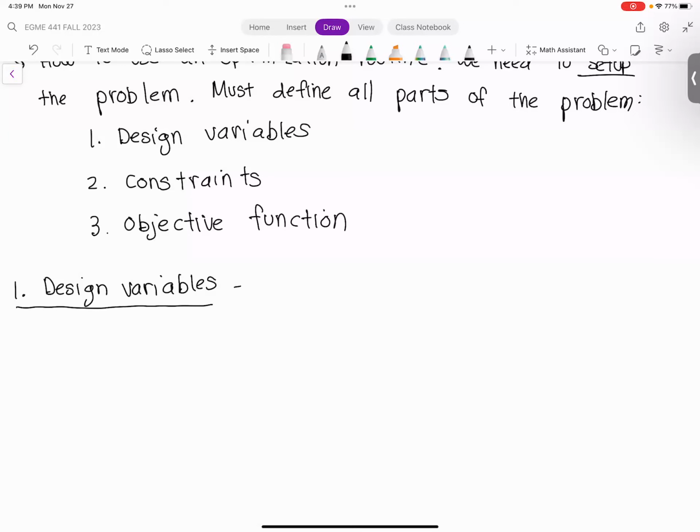The design variables are essentially the unknowns in our problem. These are the things that we want to solve for.